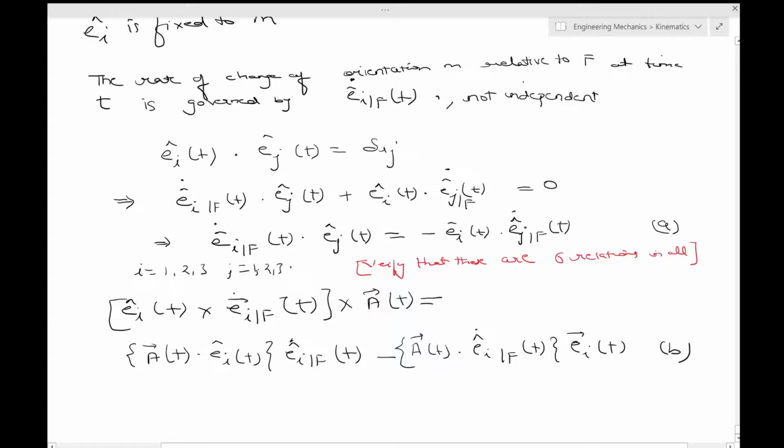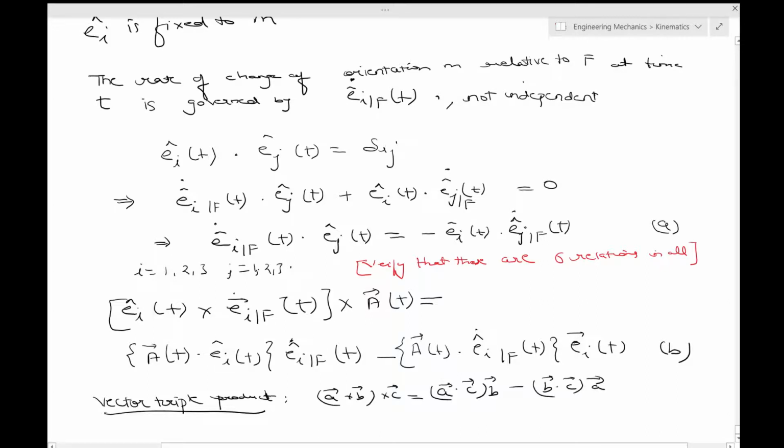And how can it be written? Well, this is just a vector triple product. So you have, for example, A cross B cross C. This would be A dot C times B. Okay.